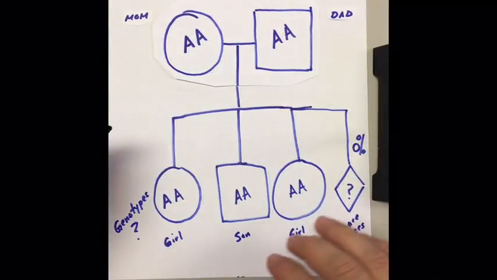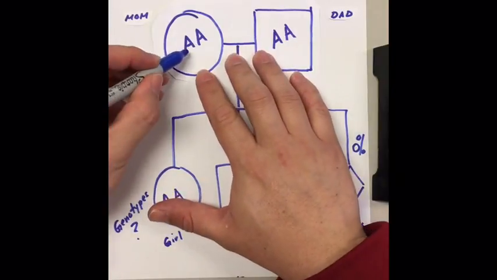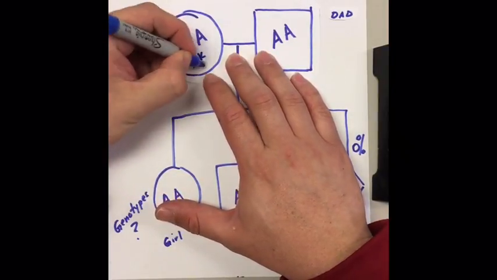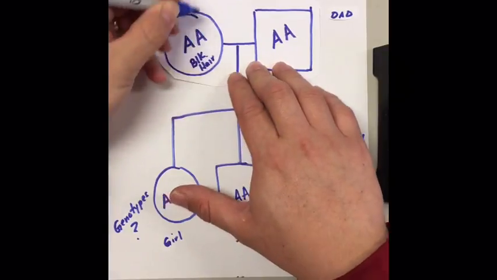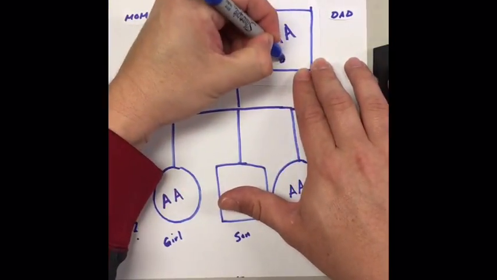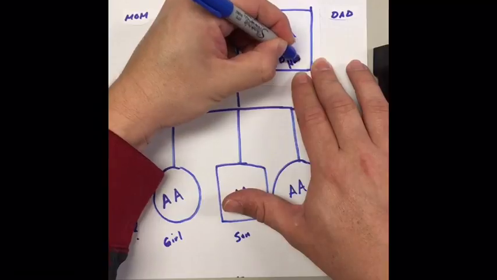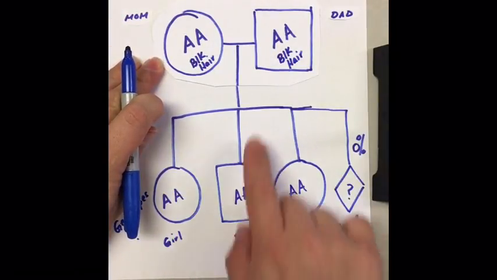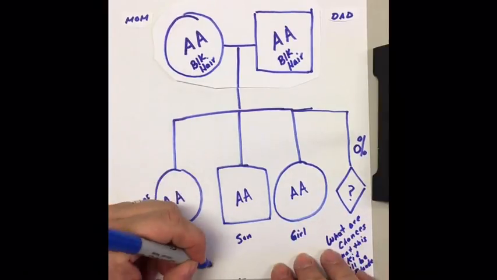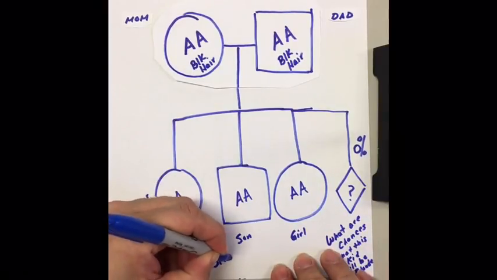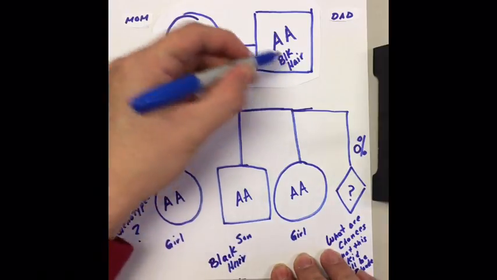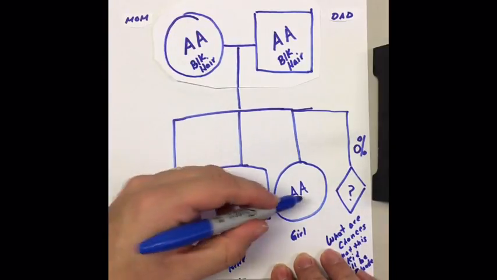All right, guys, so to summarize, remember, this was mom. Mom had black hair. That was her phenotype. Dad had black hair. That was his phenotype. They had 3 kids. All the kids had black hair because the parents can only give dominant genes.